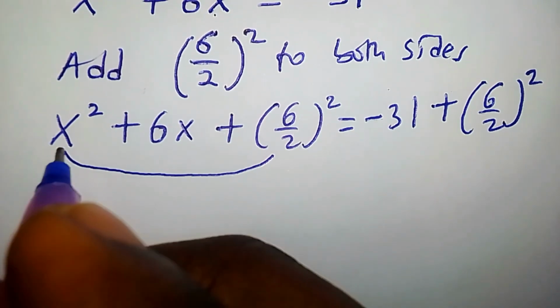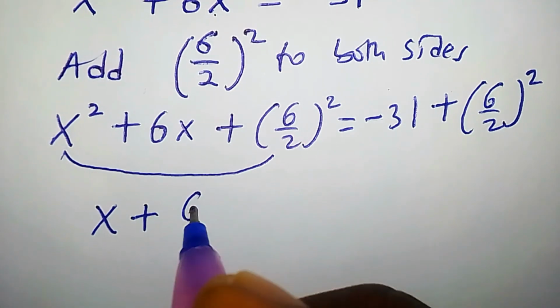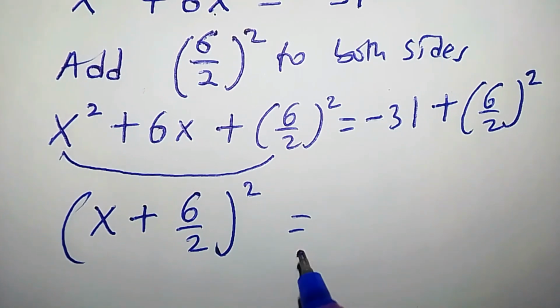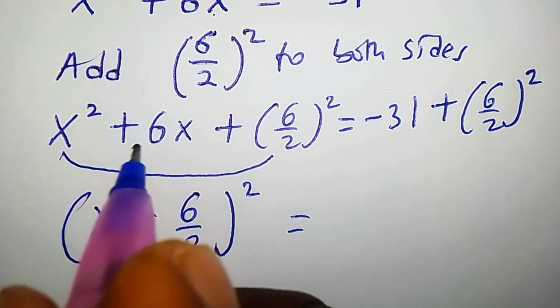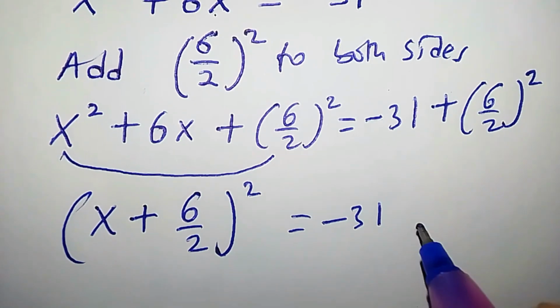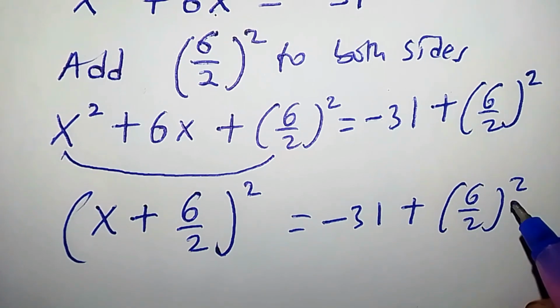So that will be (x + 6/2)^2 equal to, that is, when you expand this left hand side, you are going to have all of this back. So we have -31 + (6/2)^2.